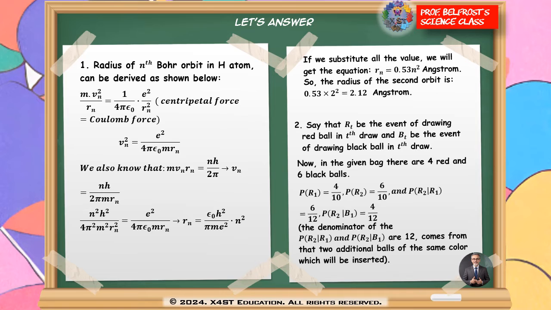Because the second time you bring back the red ball, you insert two additional balls. Oh no, this is not true. I mistyped it. It is PB1. I'm sorry. So PB1 equals 6/10, which is 3/5. I'm sorry, I mistyped it.